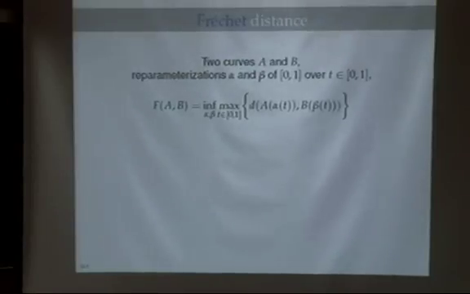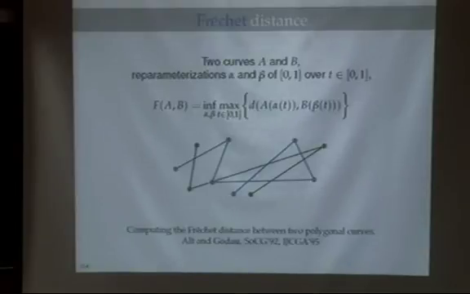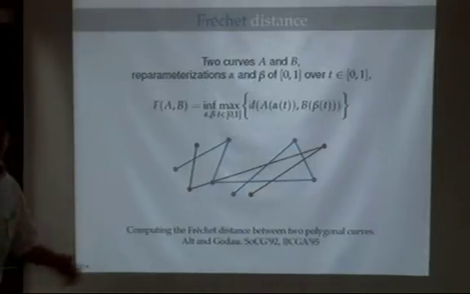Of course, we cannot compute the Fréchet distance between arbitrary curves. But the easiest case is when you are given polygonal curves. If two curves are polygonal, then you can compute their Fréchet distance using the so-called free space diagram.